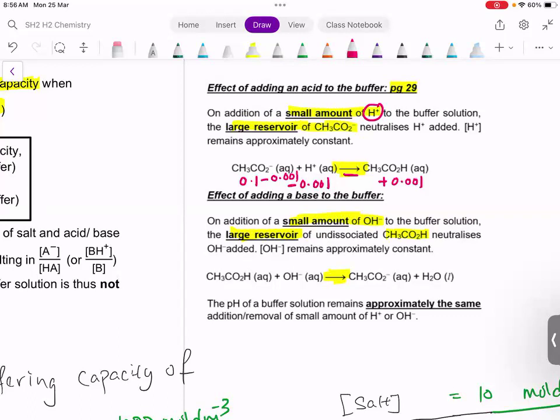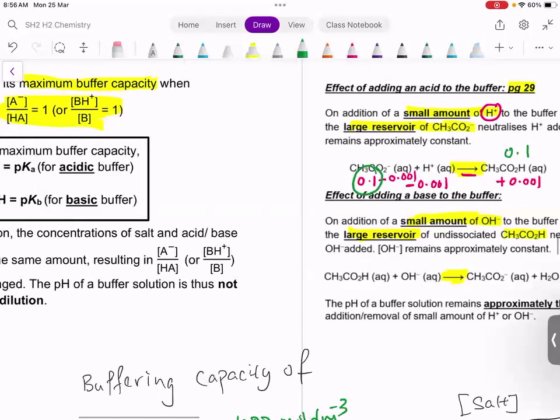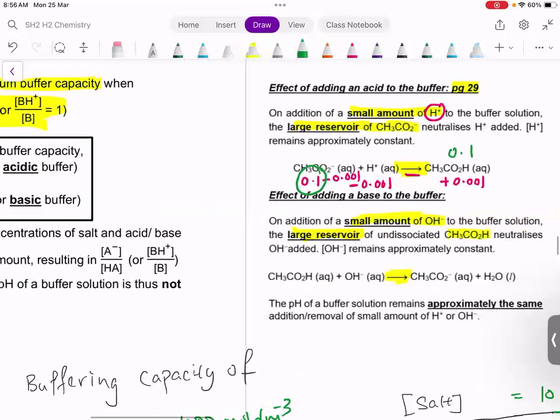Now, if we go back to the fraction, if my conjugate acid-base pair starts at 0.1, then this one must also be 0.1, because we say that maximum buffer is when the ratio of the salt and the weak acid equals 1. So if this is 0.1, this must also be 0.1 for it to operate at maximum buffer capacity. Agree? So notice that this ratio will then be adjusted.